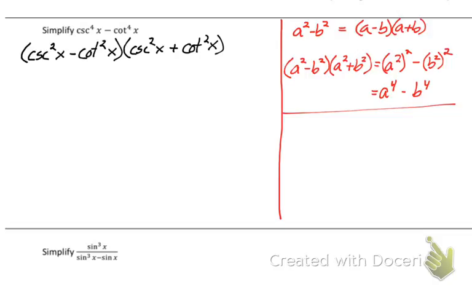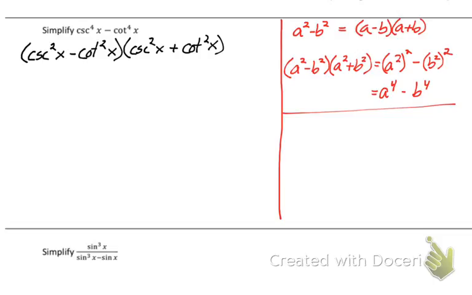Now I have to go to my identity sheet, or if you have these memorized, awesome. We have to think about the one that's cosecant and cotangent. It's one of our Pythagorean big three, the ones we pretty much go to with squares.